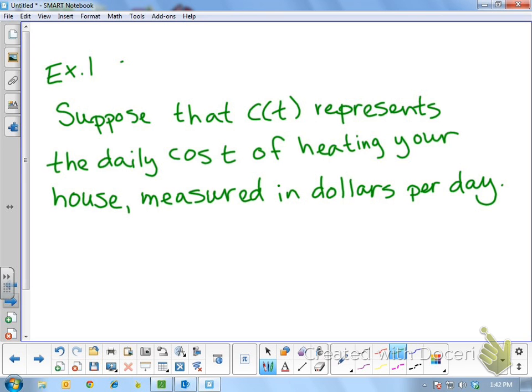And we are assuming t equals 0 corresponds to January 1st, 2008.